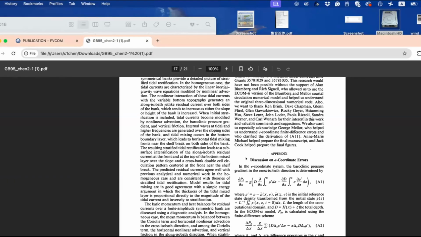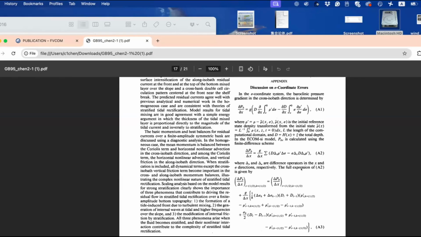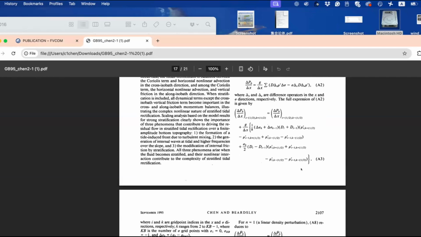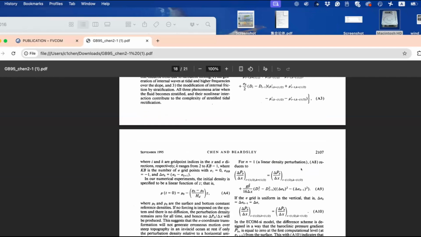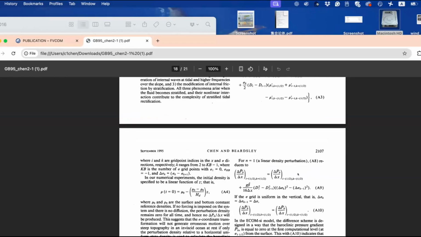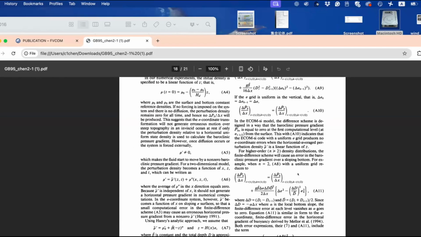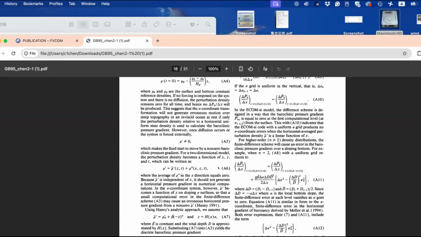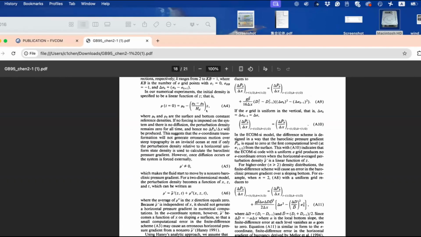Read this appendix, then you can figure out where the sigma error comes from, so then you can do your testing. That's why you see it over here, equal to this linear stratification. If you do the perturbation there, how do you determine it?